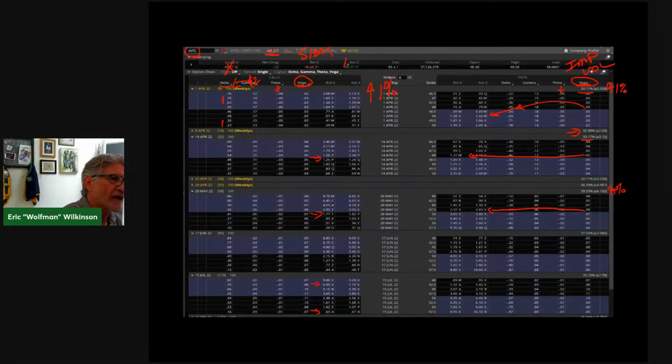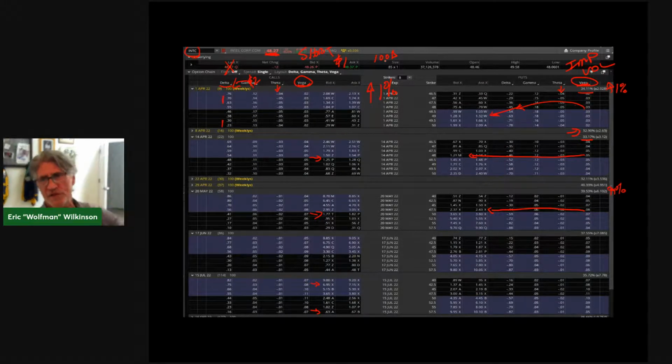So as the underlying increases or decreases by $1, because we're buying and selling 100 of these, it's 100 delta, or 1. Meaning if the underlying moves higher by $1, my position increases by $1, that's 100 delta, and vice versa. If it goes down, it adjusts by $1.